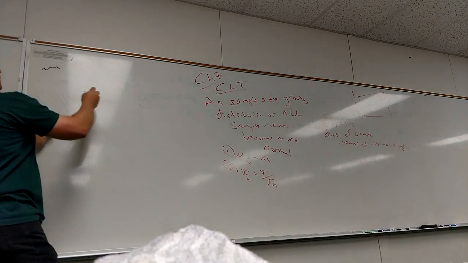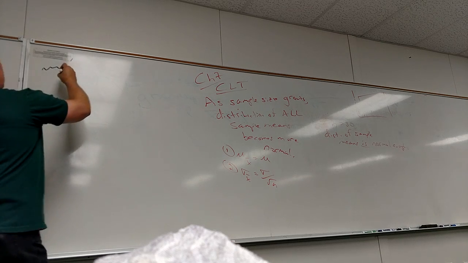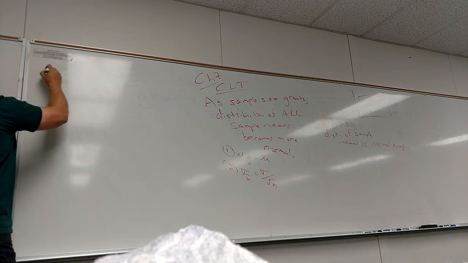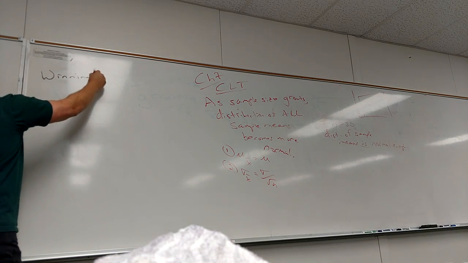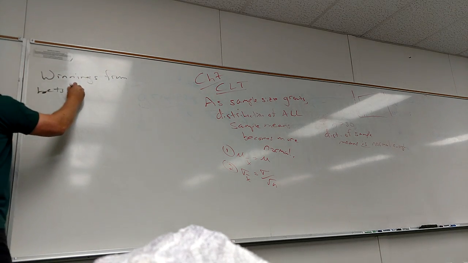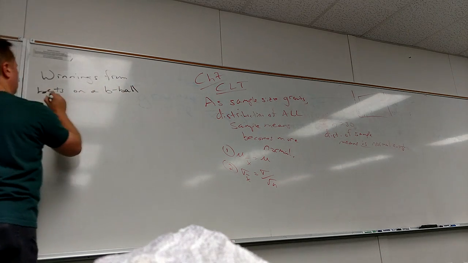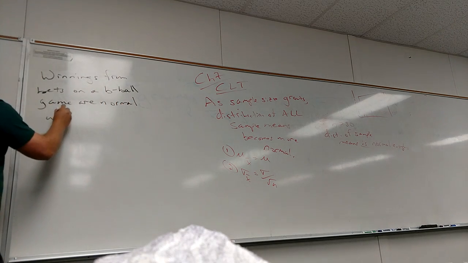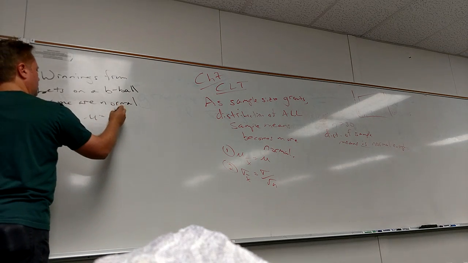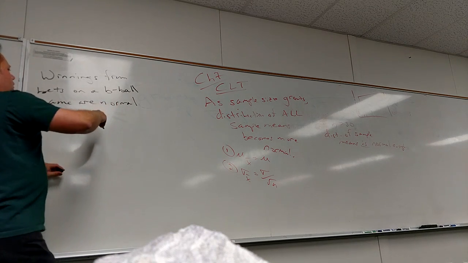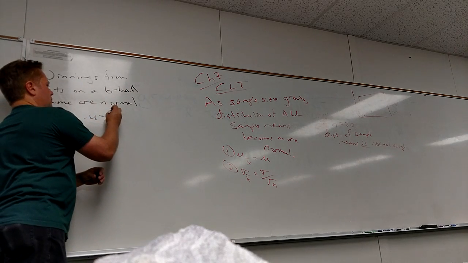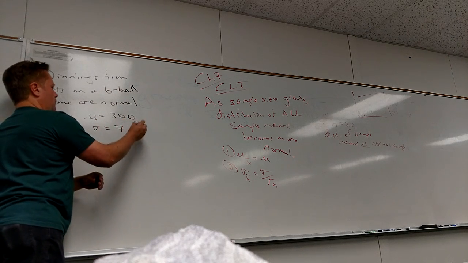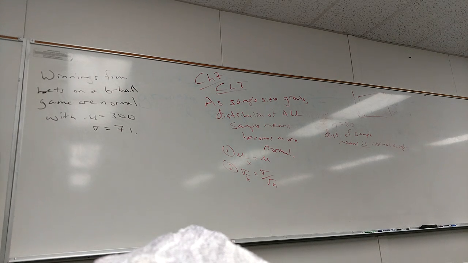Winnings from bets on a basketball game are normally distributed with a mean of, let's say this is some small bar, so there's not a lot, mean of $300 and a standard deviation of $71, just to make up some numbers.